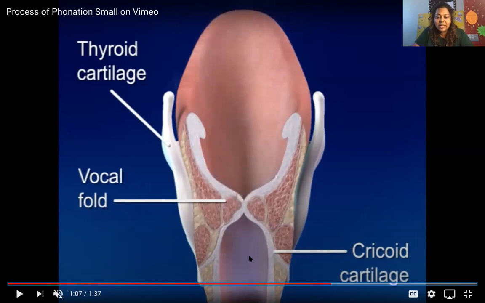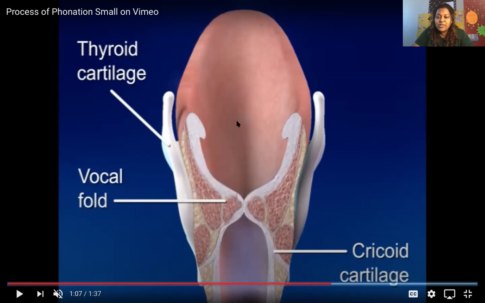So now let me explain to you how this happens. Basically, the pressure of the air which is below your vocal folds is referred to as subglottal pressure. The air pressure at the level of the vocal folds is called glottal pressure, and the air pressure above is called supraglottic.